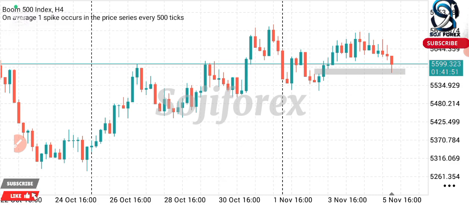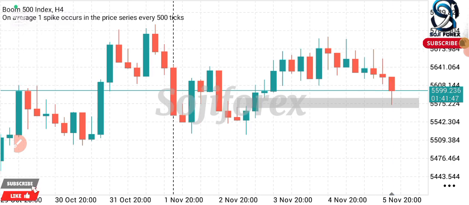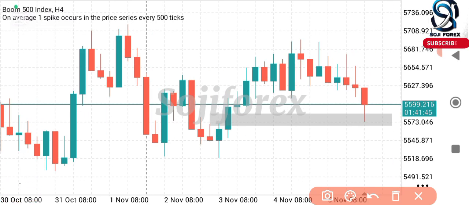So now the candle I just marked out is this particular candle. Okay, so I'm referring to this candle.